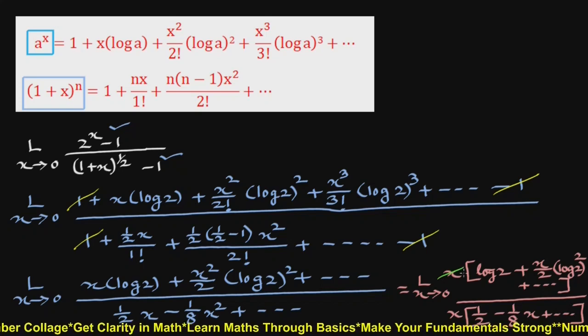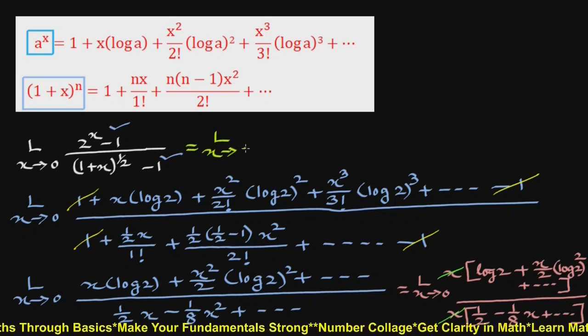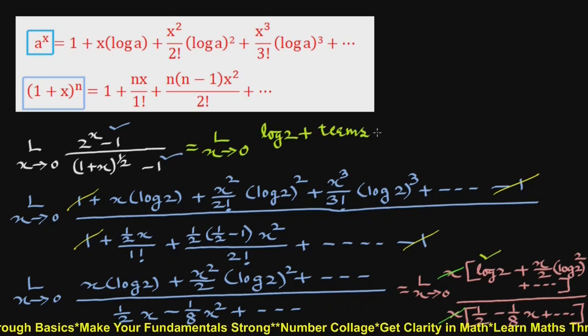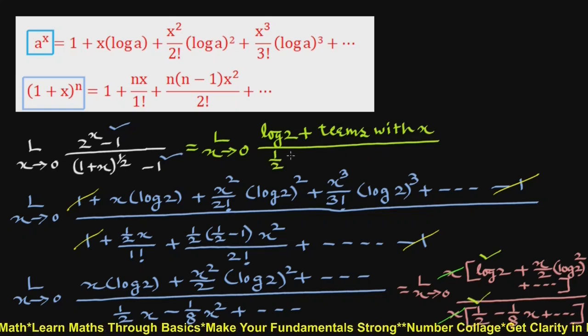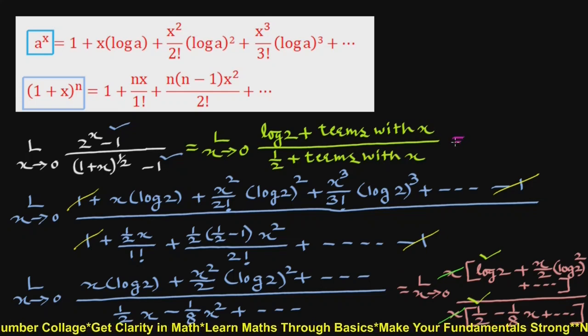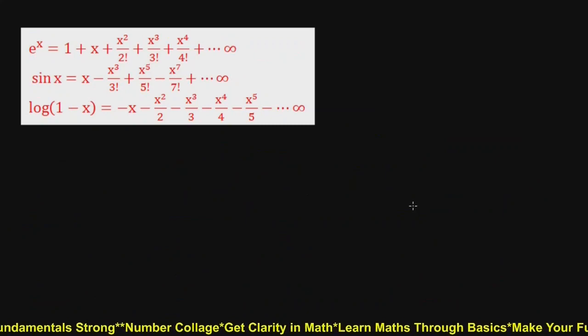After cancelling this x, this limit further will be limit as x tends to 0 of log 2 plus terms with x upon half plus terms with x. So this limit finally will be log 2 upon half, that is 2 log 2.